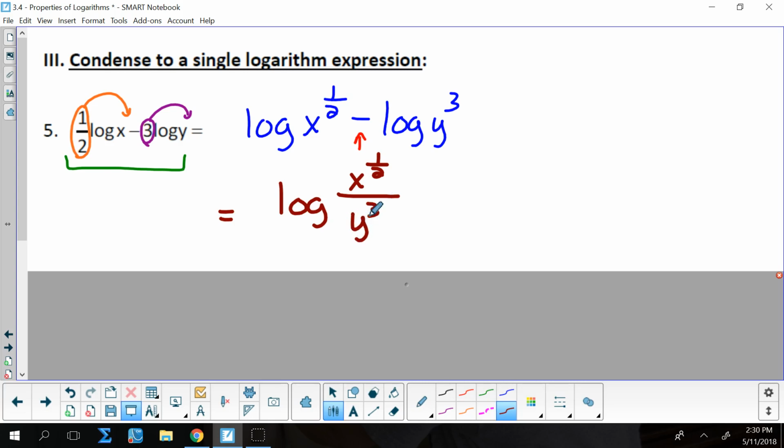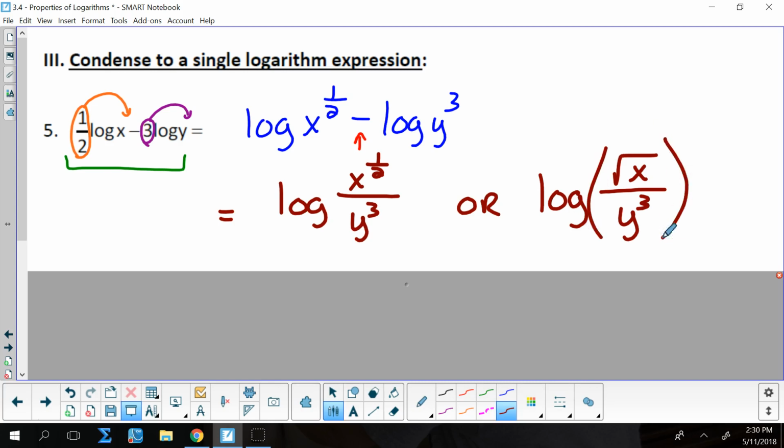Or, if we wanted to, we could write this as log of the square root of x divided by y cubed. But this is all inside a set of parentheses, because that whole fraction is my quotient.